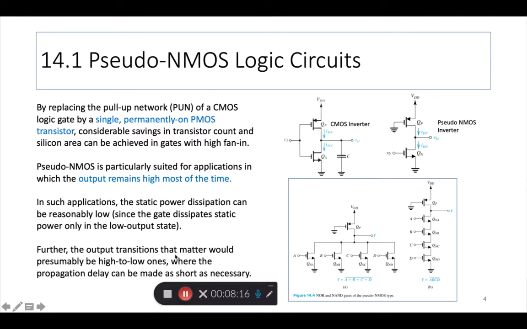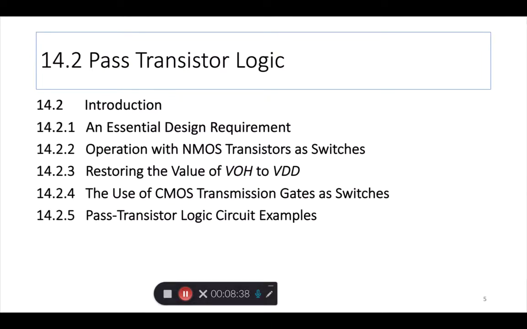Further, the output transitions that matter would only be high to low, because the output is always high, so occasionally you have high to low, where a short propagation delay is possible, right? So for these advantages, the pseudo NMOS approach is pretty useful, and I will leave it at that.